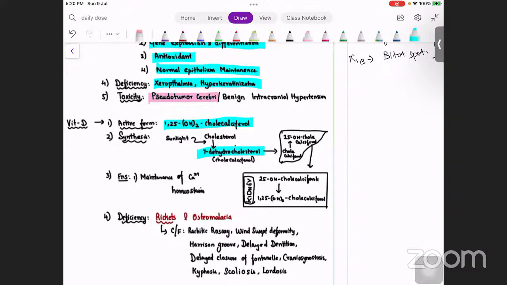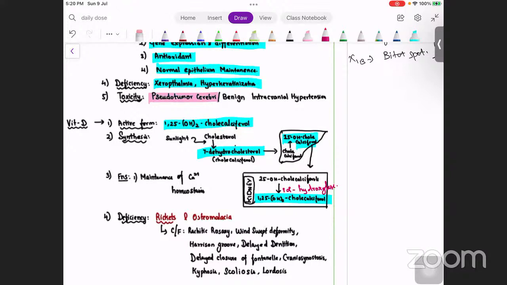It goes to the liver, where cholecalciferol is converted into 25-hydroxycholecalciferol, and then it goes to the kidney, where 25-hydroxycholecalciferol is converted into 1,25 dihydroxycholecalciferol, mediated by the 1-alpha hydroxylase enzyme.